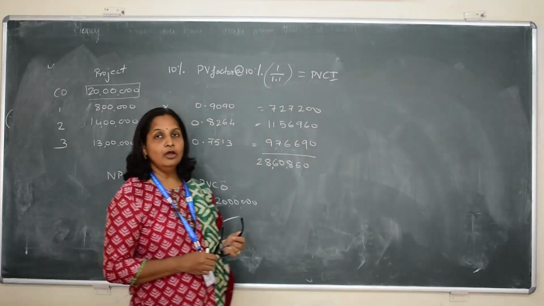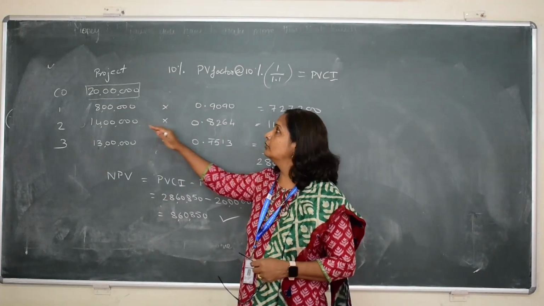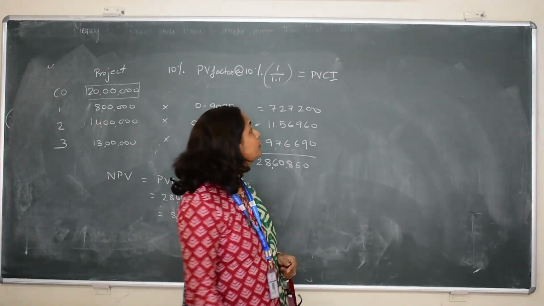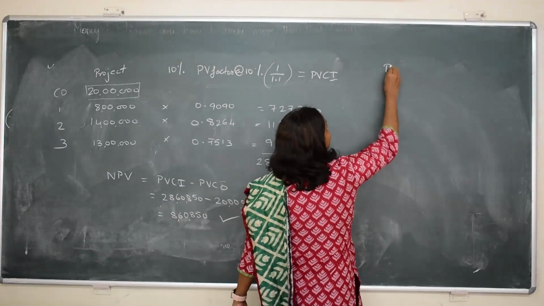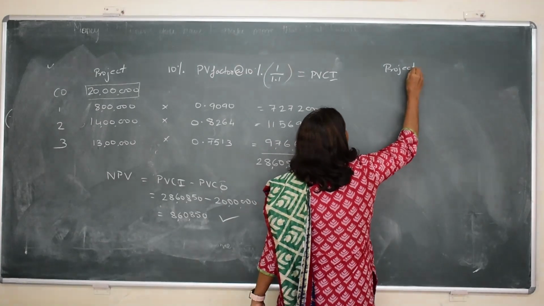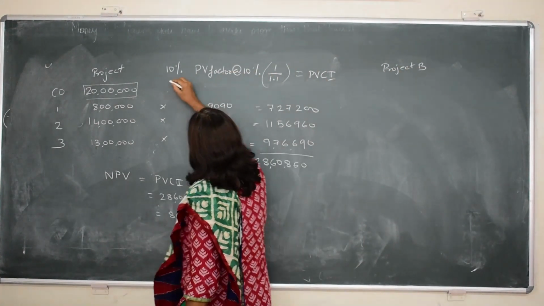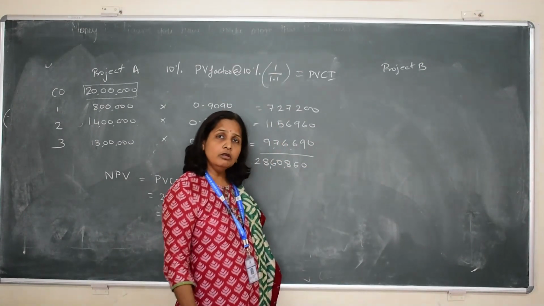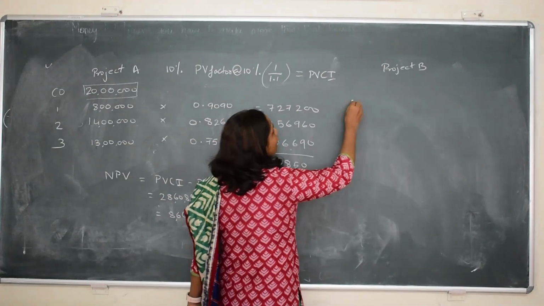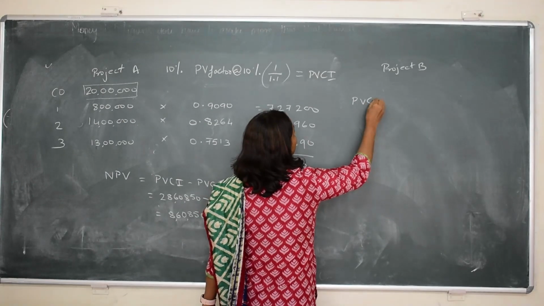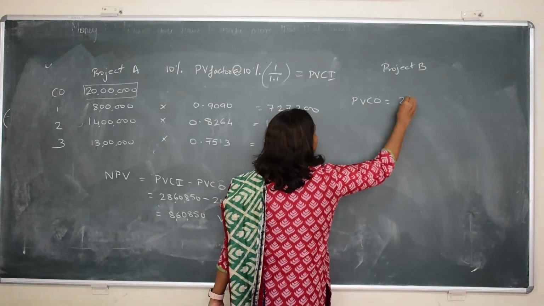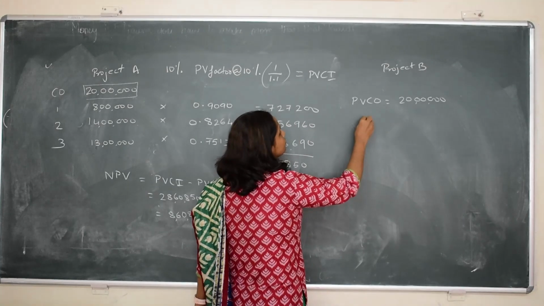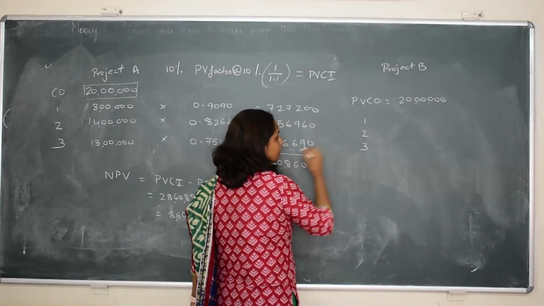Now, once we have seen one project, there is one more opportunity, which we can call project B. We'll name this project A and this project B. Here also we have an investment, or PVCO, of 20 lakhs initial investment, and here also the returns are for 3 years.